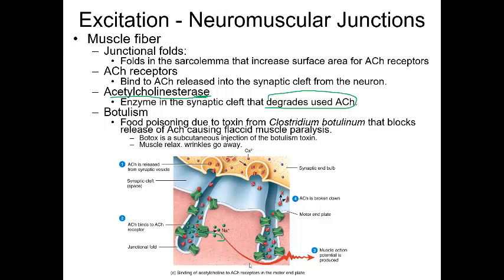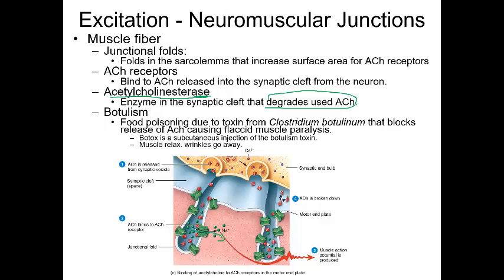Now this can also happen with the botulism toxin. Botulism toxin is Botox. Botox is a subcutaneous injection that blocks the release of acetylcholine. That is how it causes relaxation of muscles and therefore can cause temporary anti-wrinkle properties.